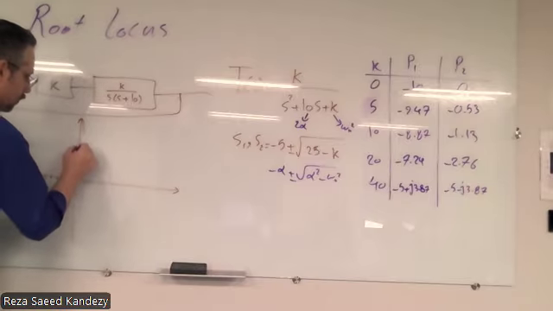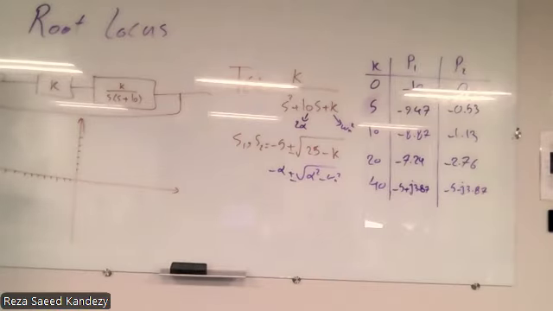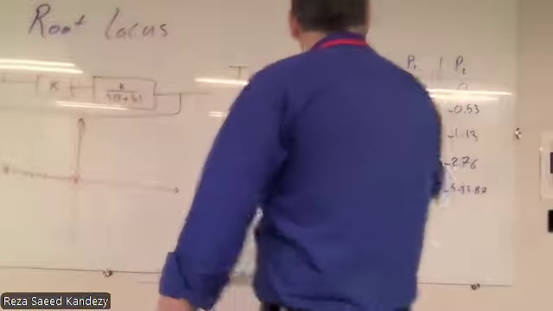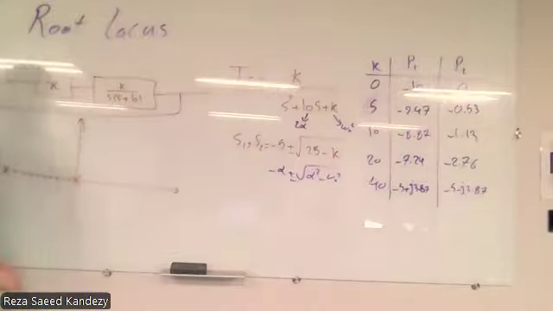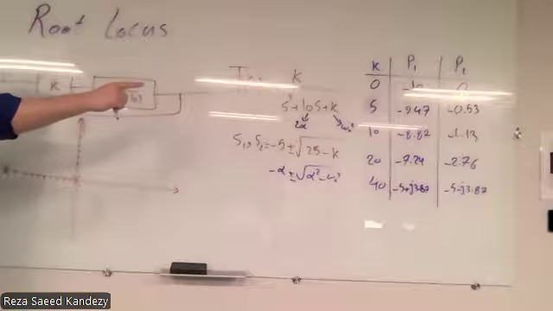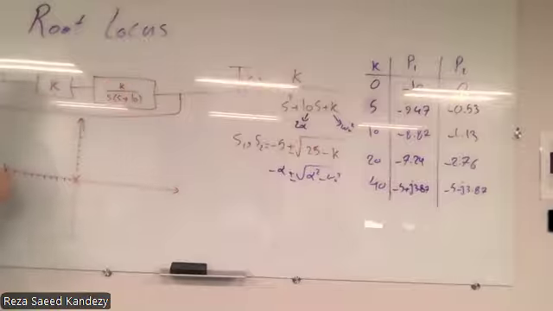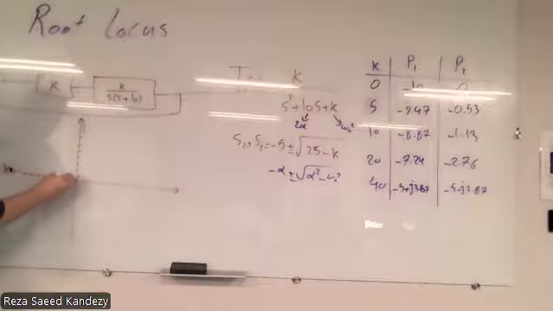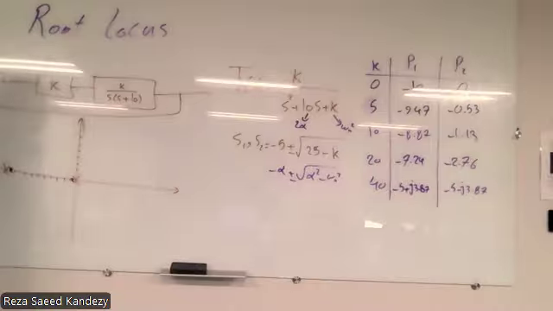If k is 0, I have one pole here and another pole here. Are we good? Now, if I change k to 5, I'm going to have minus 9.47, let's say it's here, and the next one is going to be minus 0.53, let's say it's here.